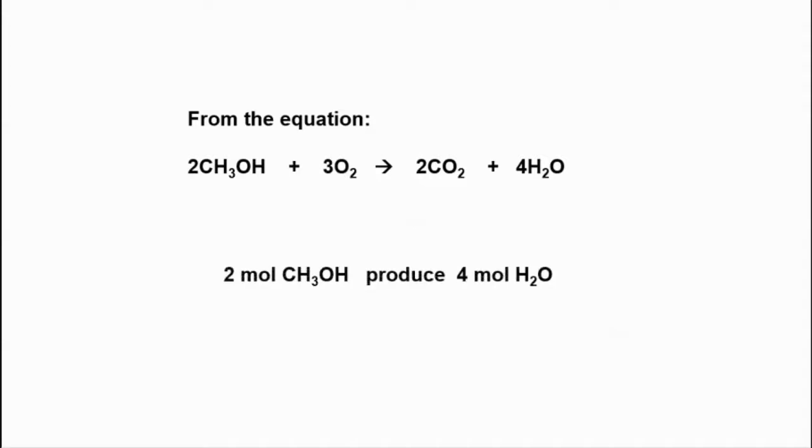Since we want to determine the mass of water, we are going to look at the stoichiometric relationship between methanol and water. From the equation, 2 moles of methanol produce 4 moles of water, but we have 6.531 moles of methanol, which is more than 2 moles.